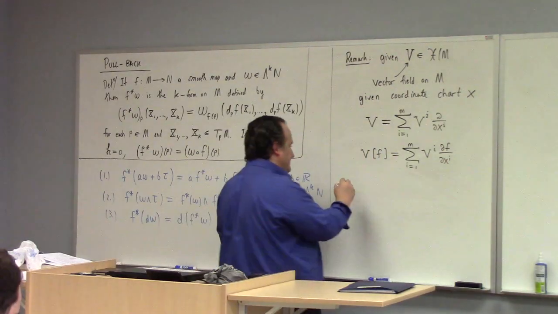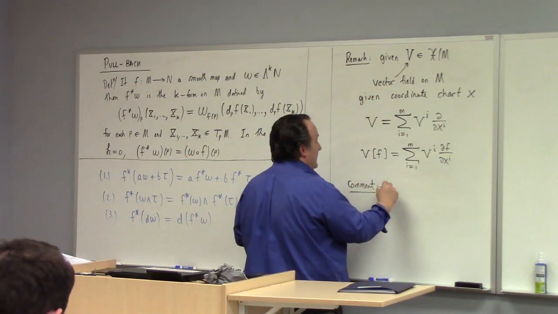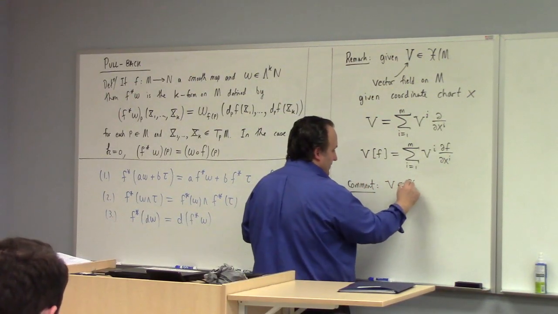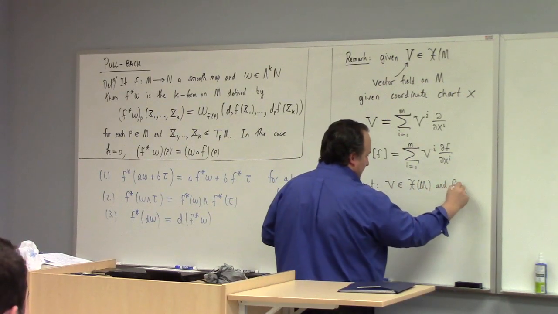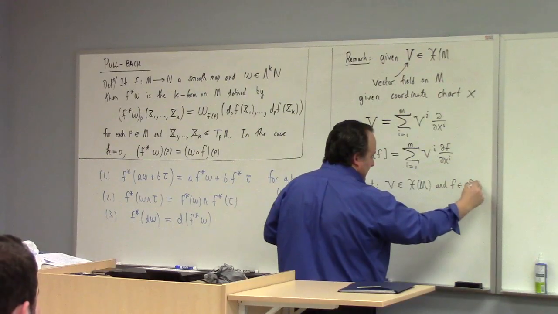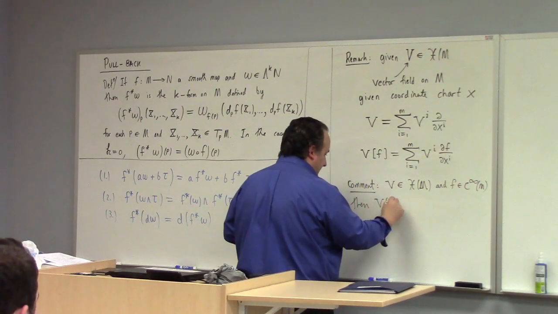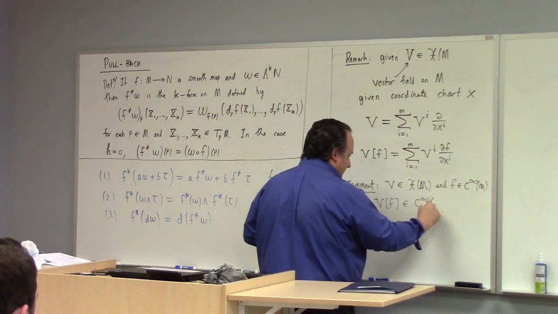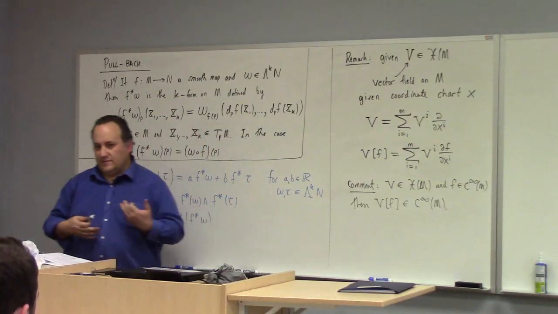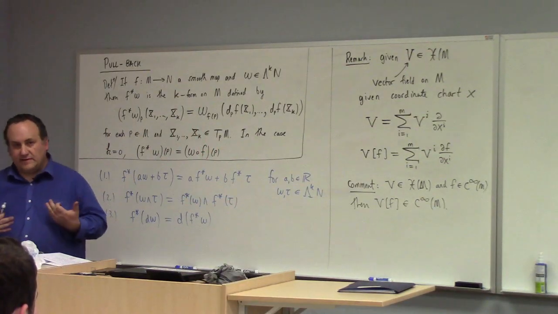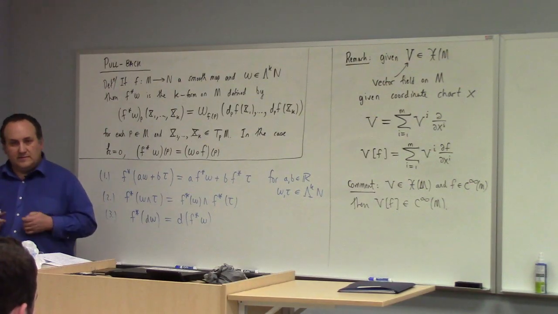By the way, a comment. If I have V in the smooth vector fields over M, and F is a smooth function on M, then V F is another smooth function on M. In fact, we could characterize the smoothness of vector fields by this criterion: when you feed it a smooth function, you get out a smooth function.